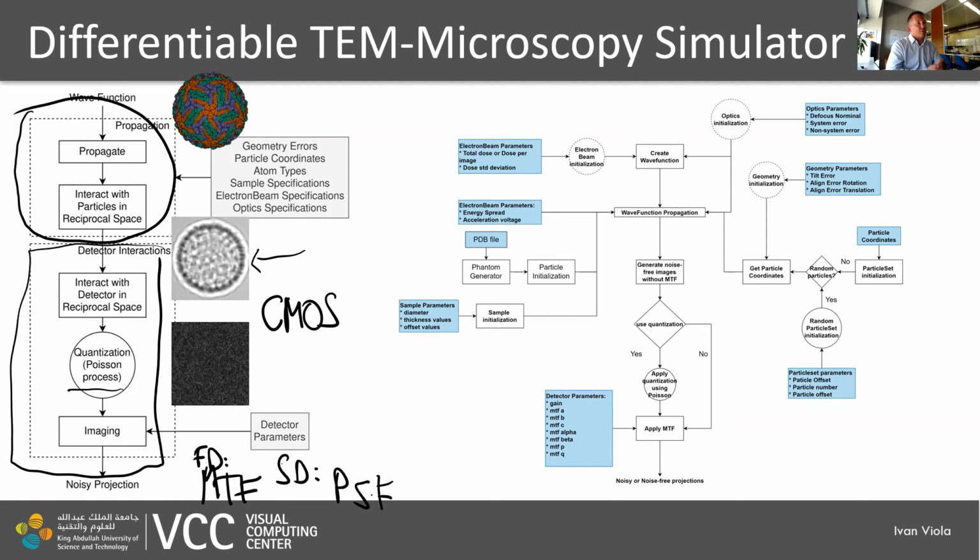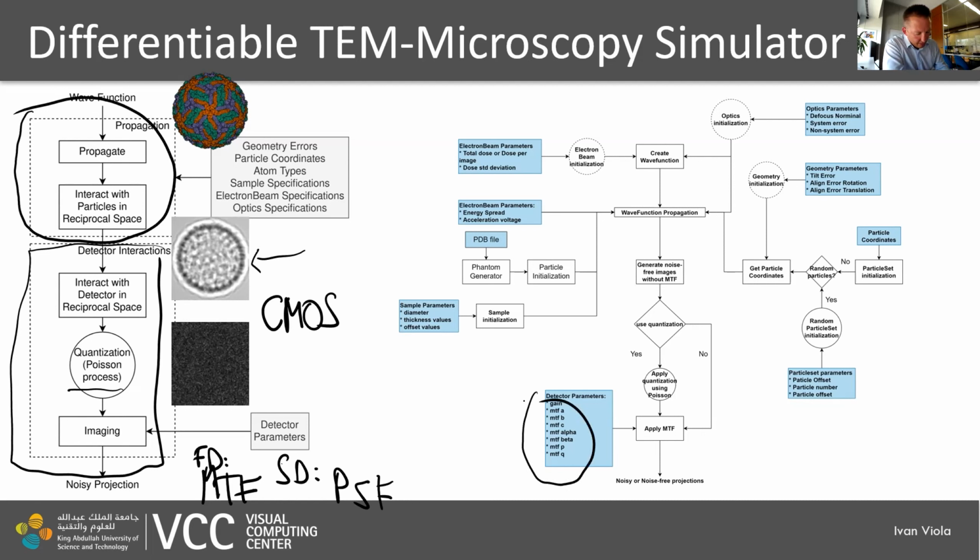The point spread function will be the convolution kernel which can be used for blurring the signal. And this MTF, the frequency domain counterpart, because this process is carried out in the frequency domain, can be characterized by several parameters.